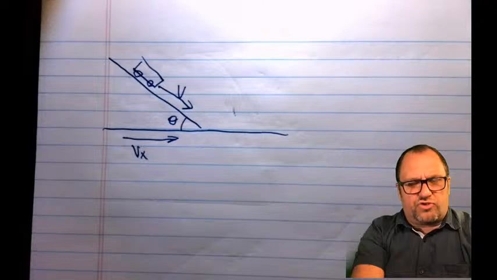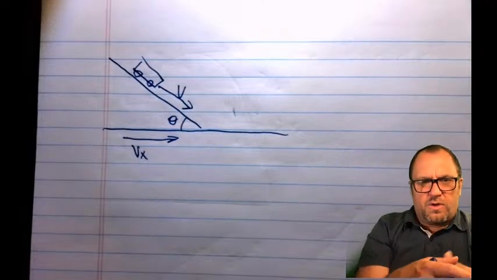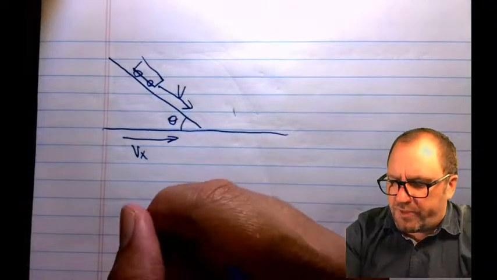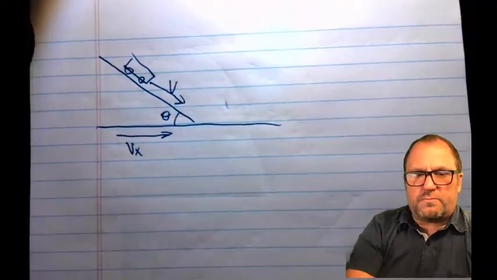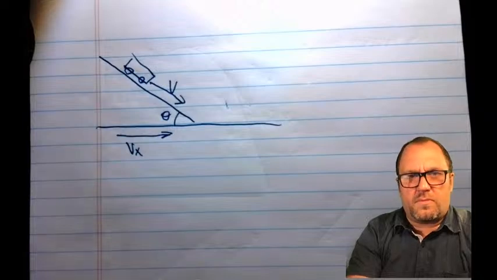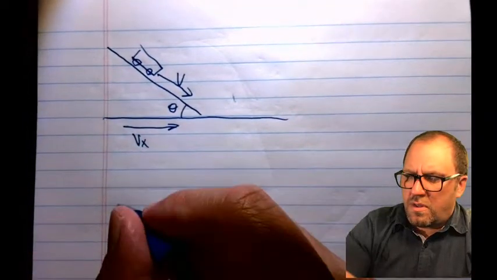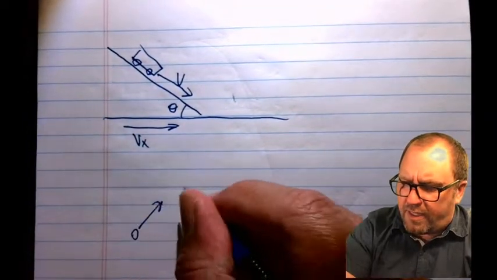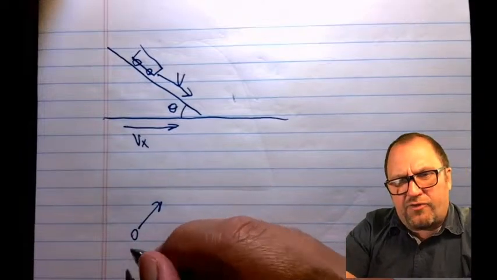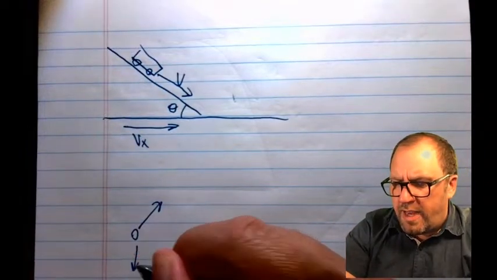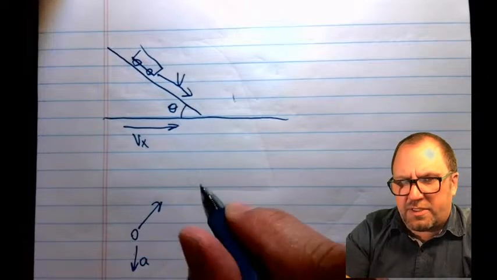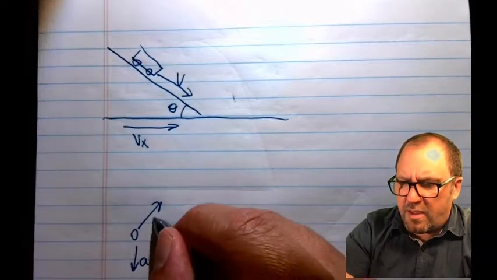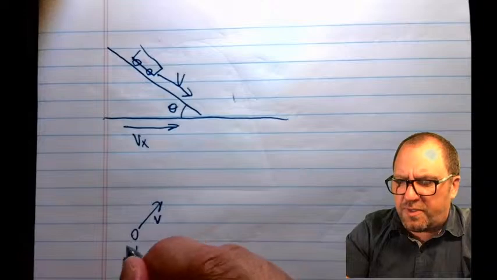Let's talk about drag with a projectile. So let's say we launch our projectile now. Our projectile gets fired up in the air like this. Now if we have drag, our acceleration is going to go down this way, and our velocity is going to be changing.